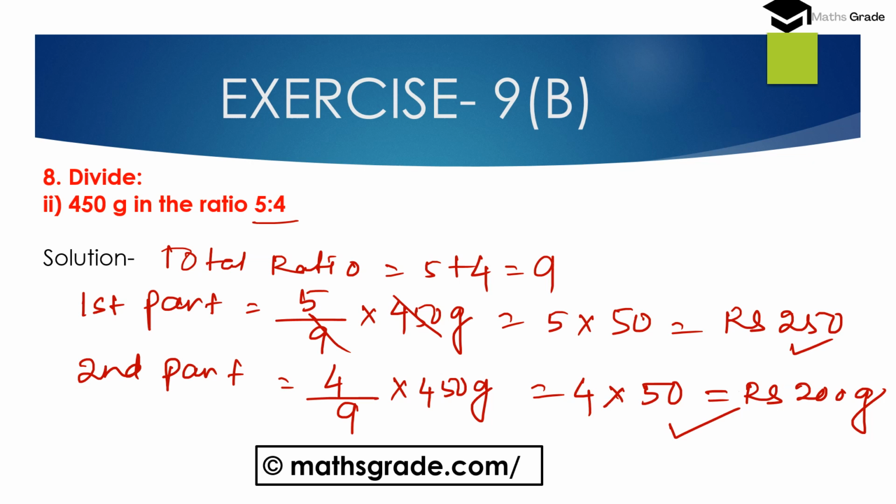So dividing 450 grams in the ratio of 5 is to 4, the first part is 250 grams and the second part is 200 grams.